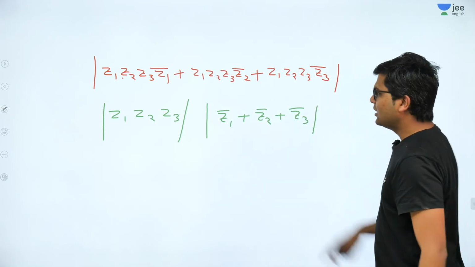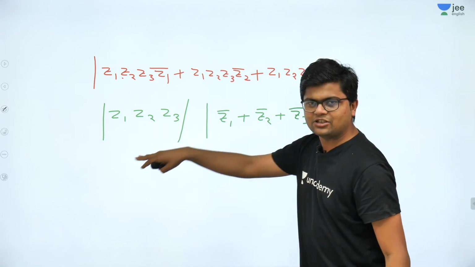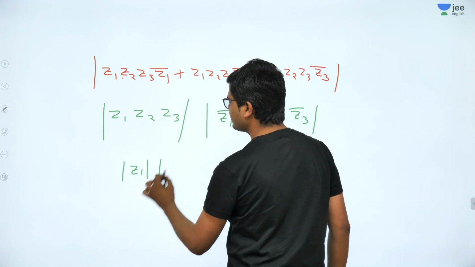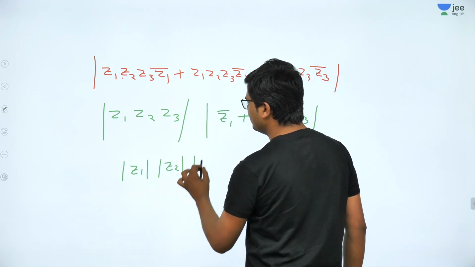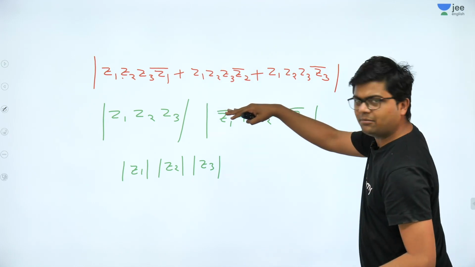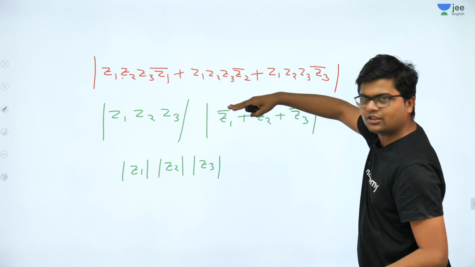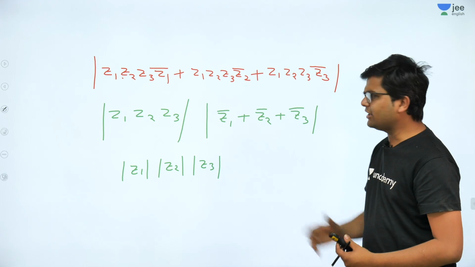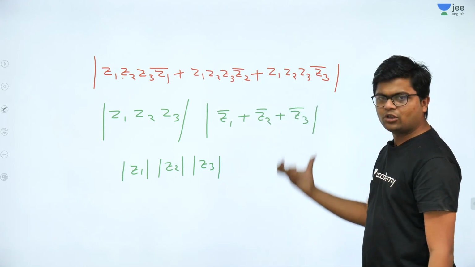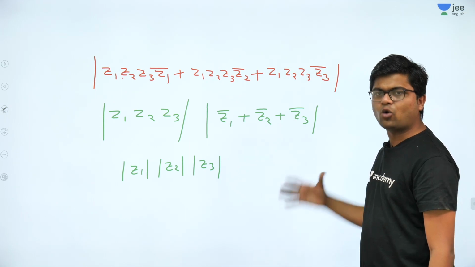That is okay with everyone. Now this modulus can be distributed individually, so this can be written as mod Z1, mod Z2, mod Z3. Got my point? And this conjugate can be written as whole conjugate, because conjugate is distributed over addition. Therefore this modulus will become modulus of Z1 plus Z2 plus Z3 whole bar.